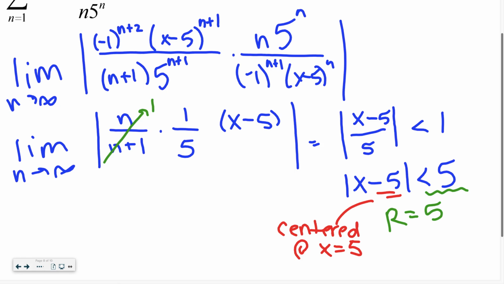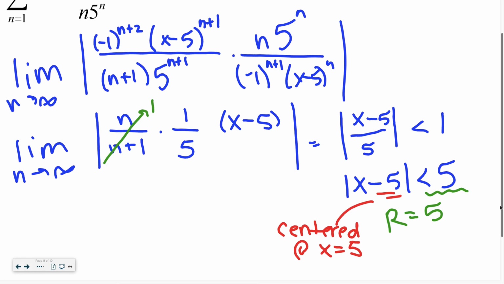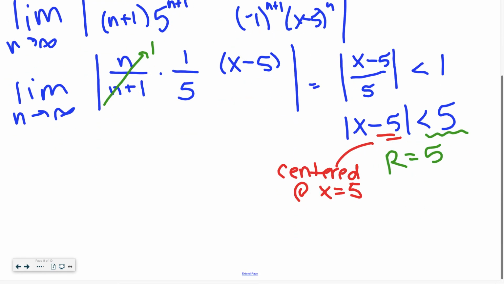If our radius of convergence is 5 and we're centered at 5, what's our interval? 0 to 10. Yep. We just need to decide if 0 and or 10 make this series converge.